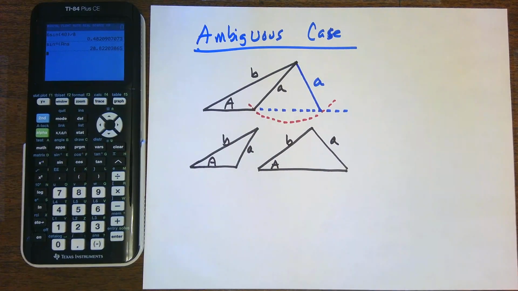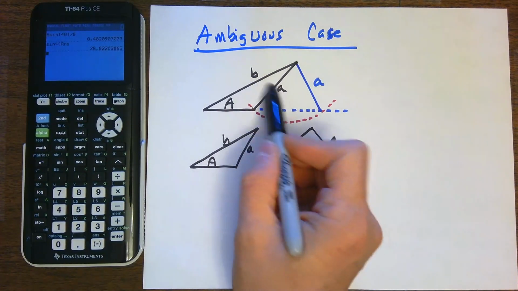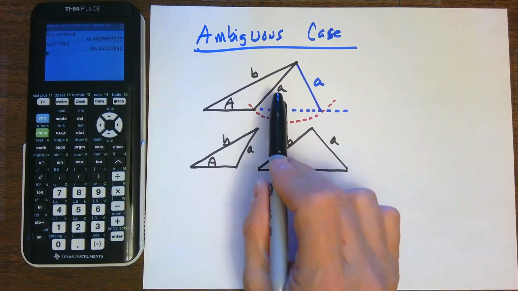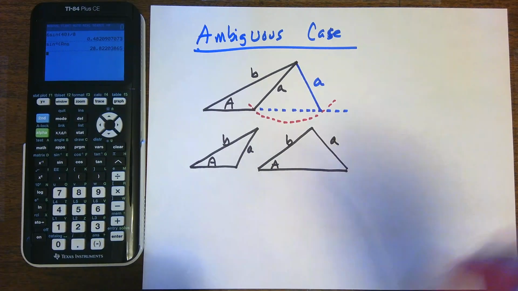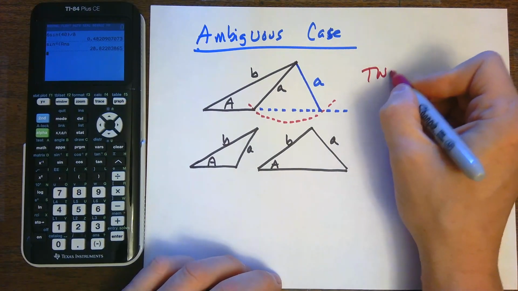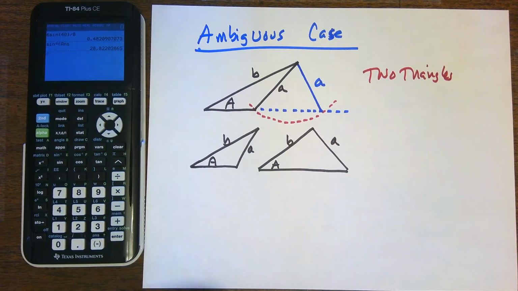Now, in this ambiguous case, what would have to be true? Well, what about the relationship between sides B and A? Side A is the key here. So here, I really have two triangles. Is it possible that I could only have one triangle? Yes.